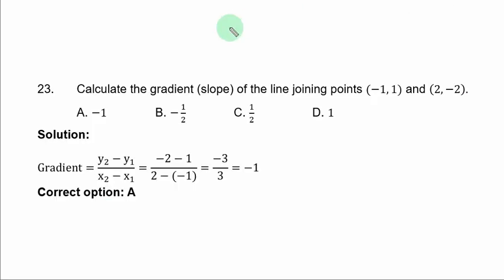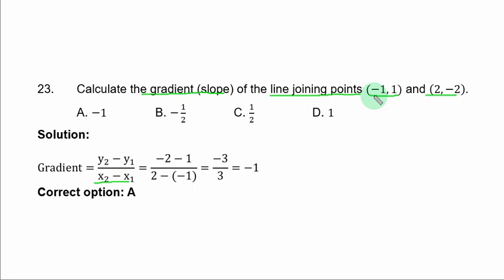Question 23. Calculate the gradient or slope of the line joining the points -1, 1, 2, -2. This is the formula for gradient. The first point is x1, y1. The second point is x2, y2.